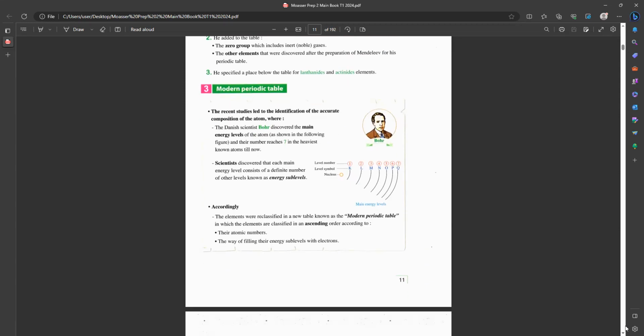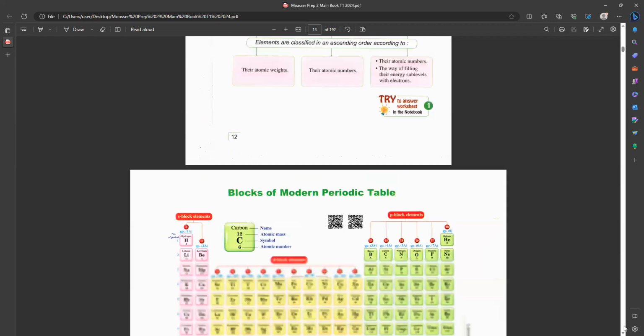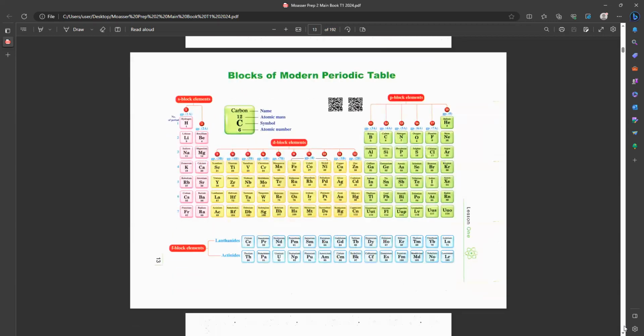In the modern periodic table, the elements are designed in periods and groups like this. This is the shape of the modern periodic table that we use today in our life.